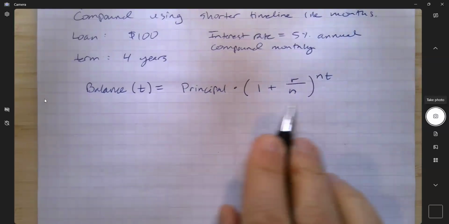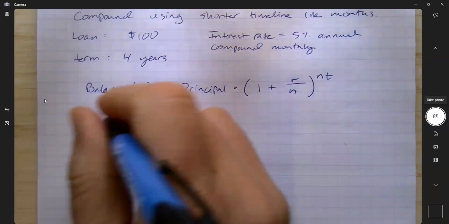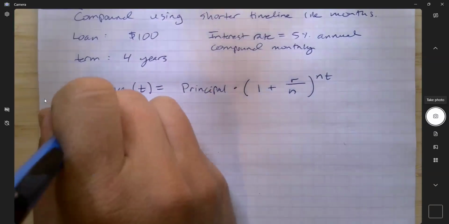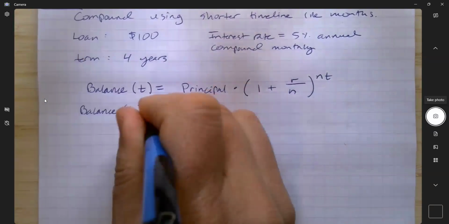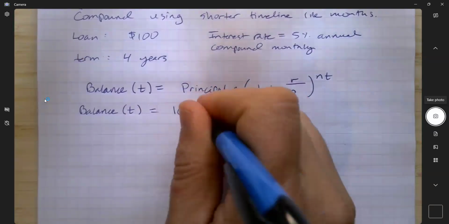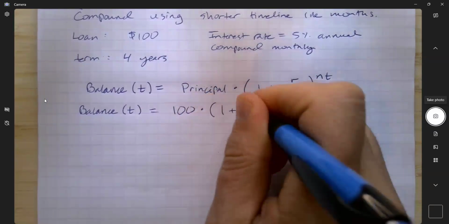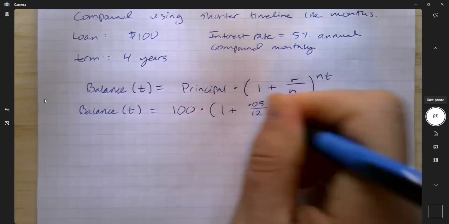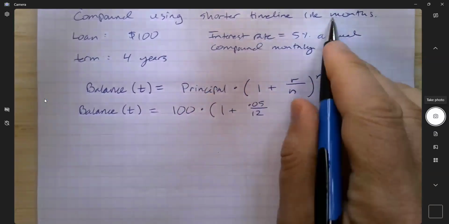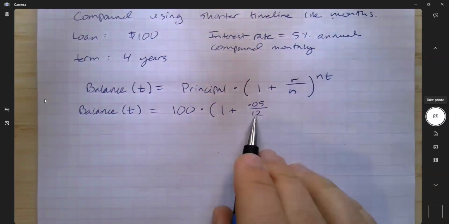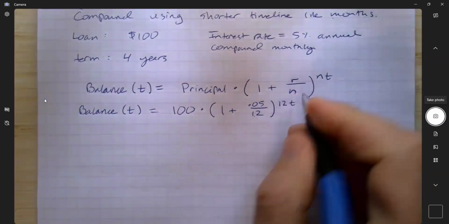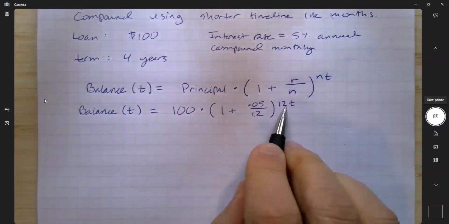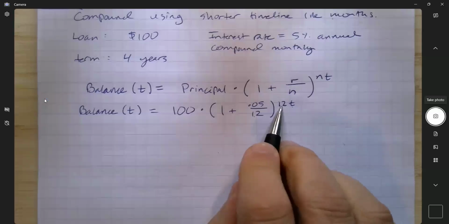This is kind of dense, so let's pull it apart. So the balance at time t of my loan is going to be $100 times 1 plus 0.05 divided by 12. Months means I'm compounding 12 times per year. And then I take the number of years and I multiply it because I'm compounding 12 times per year.